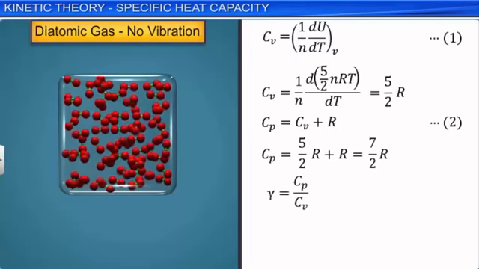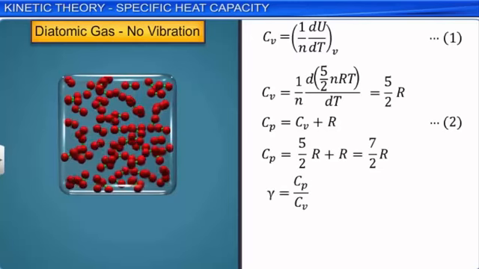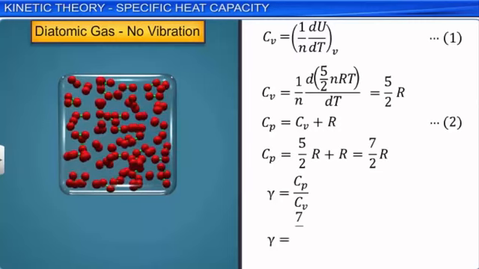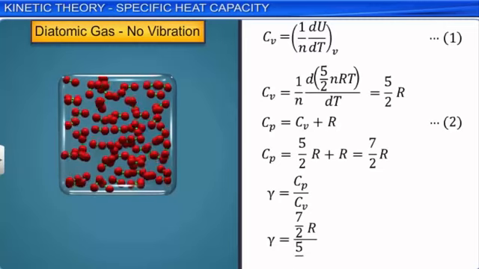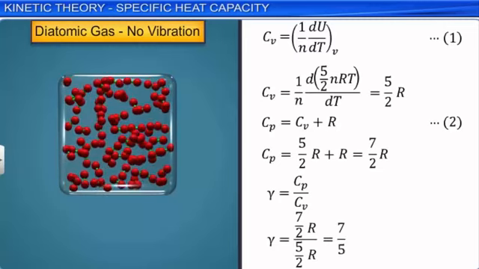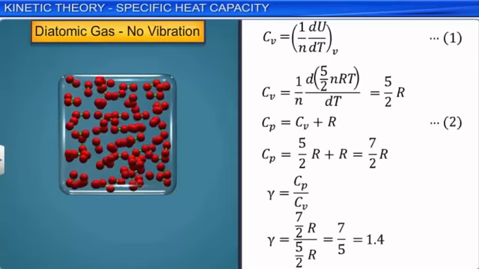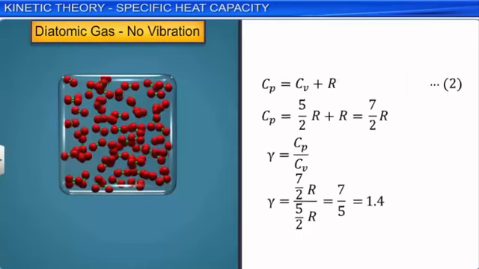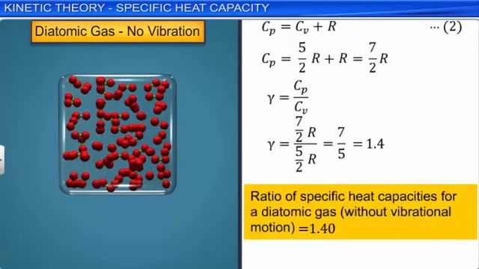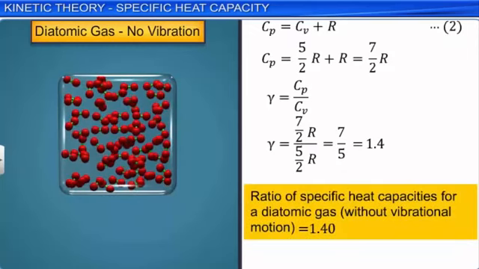On further substituting, we get gamma is equal to 7/2 R by 5/2 R, which is equal to 7/5 or 1.4. Hence, the ratio of specific heat capacities for a diatomic gas when the molecule is not vibrating is 1.4.